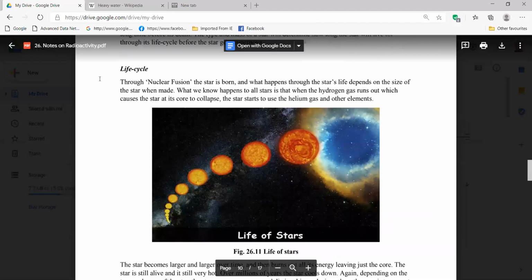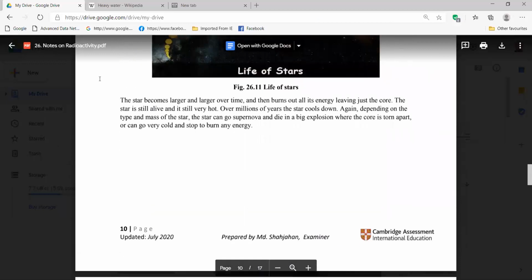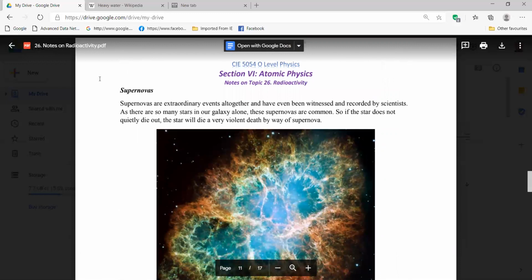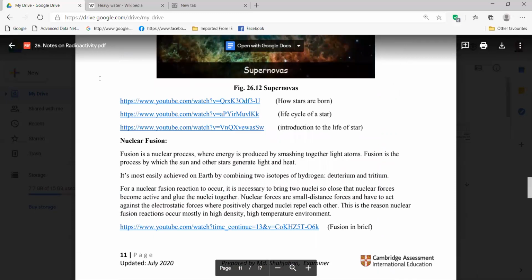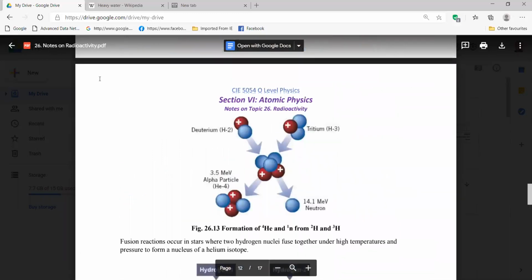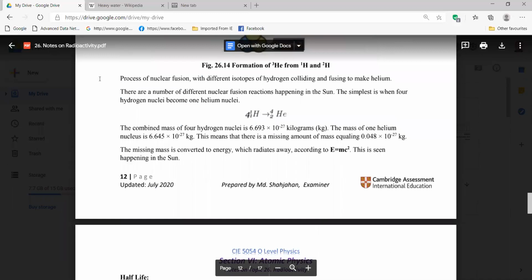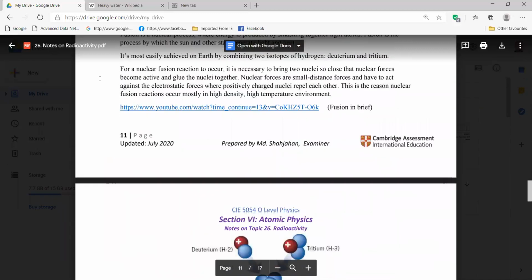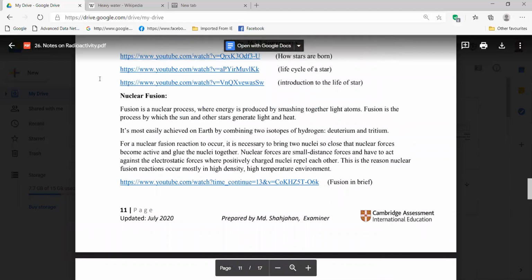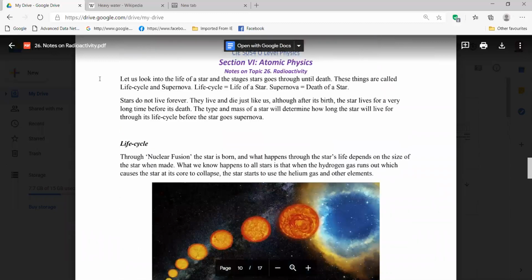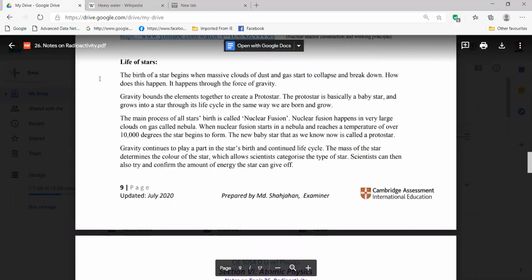Here we'll get the life cycle of stars, then supernovas. We got here nuclear fusion. So this one is most important, the nuclear fusion part. The other things we are giving mostly as extra. So just go through. Yakin, you read life of stars.